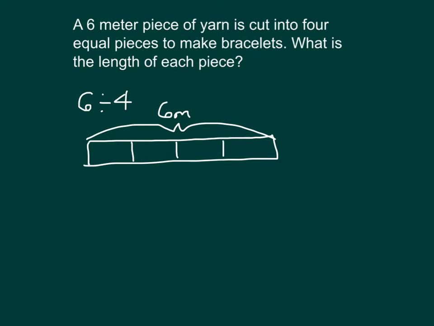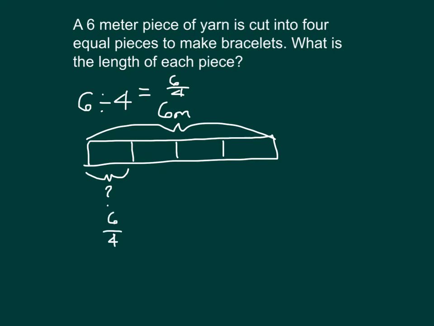If we say this answer as a fraction, 6 divided by 4 is 6/4. So each of these that I was looking to solve for, the length of each piece, is 6 divided by 4, which is 6/4.